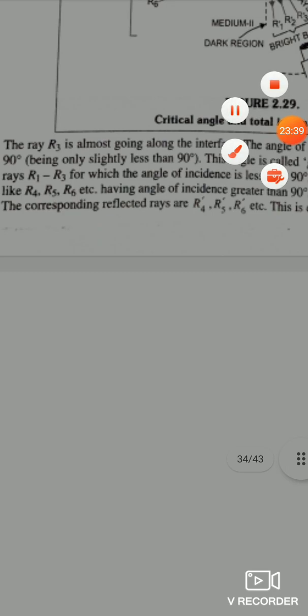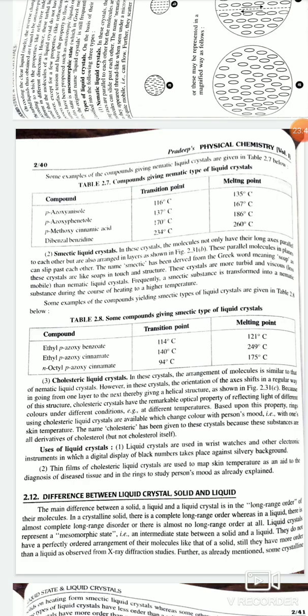Now next are some examples of compounds giving nematic liquid crystals, given below. The compound para-azoxyanisole: transition point is 116 degrees Celsius, melting point is 135 degrees Celsius.